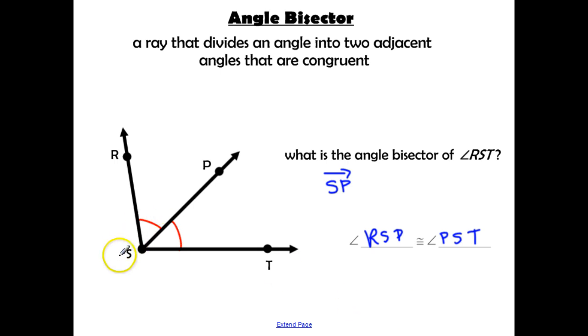We said you can use the vertex if there is only one angle at that vertex. But here we have angle RST, the big one, angle RSP, and angle PST. All of them share vertex S. So because we have three different angles at vertex S, you cannot use the letter S to name any of those angles. You're going to have to use three letters to be specific.